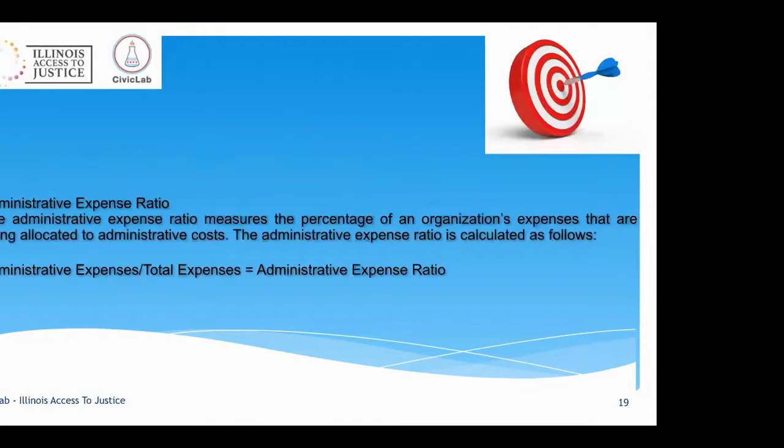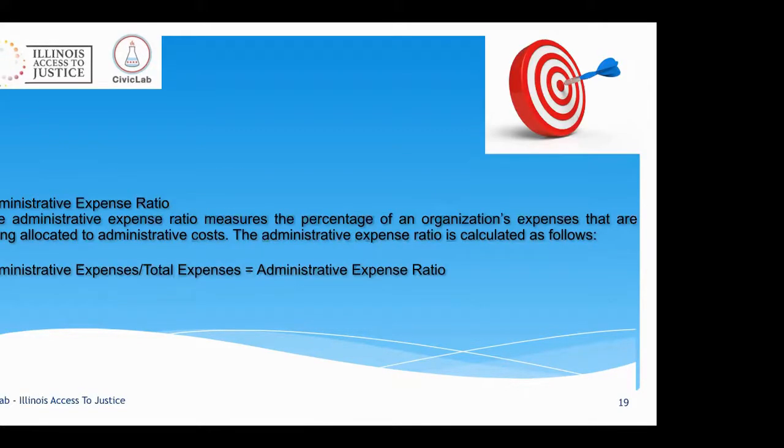And I want to get right to that, because these are generally used when you're looking at the whole organization and trying to understand what these ratios are to see if they're healthy. But they're also important for program development and understanding that.